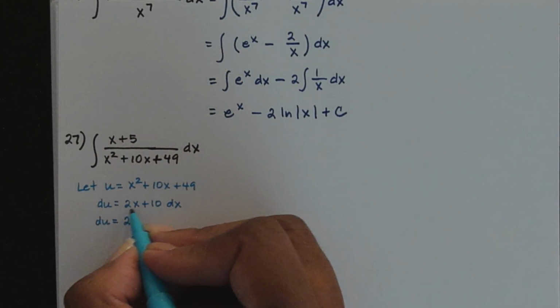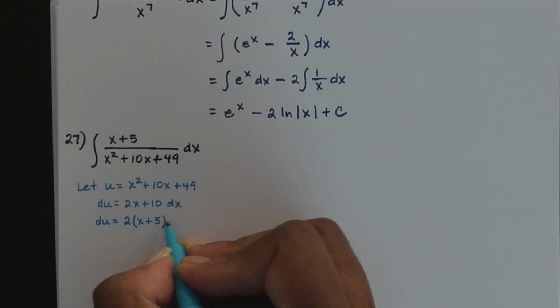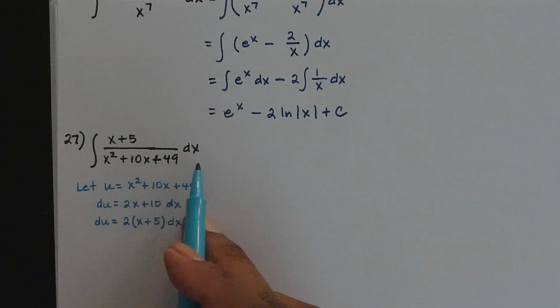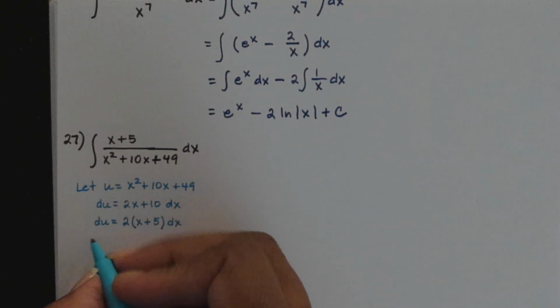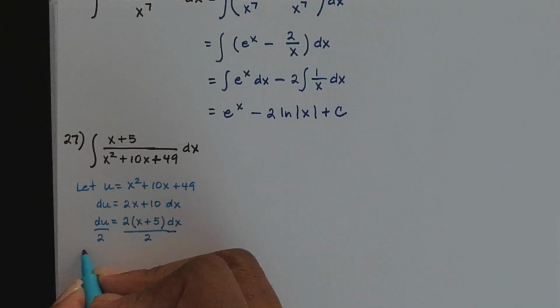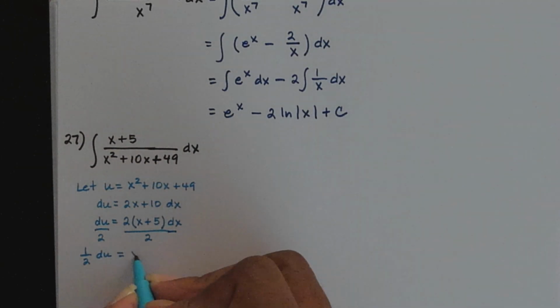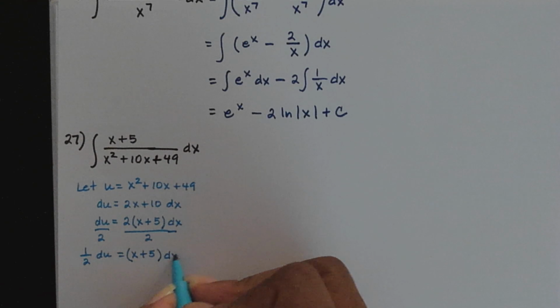So if I factor out the 2, 2x divided by 2 would be x, plus 10 divided by 2 would be 5, dx. Notice in the numerator, I get x plus 5 dx. So if I want this to be x plus 5 dx, I need to divide both sides by 2. So you're going to see I'm going to have 1/2 du equaling x plus 5, in parentheses, dx.